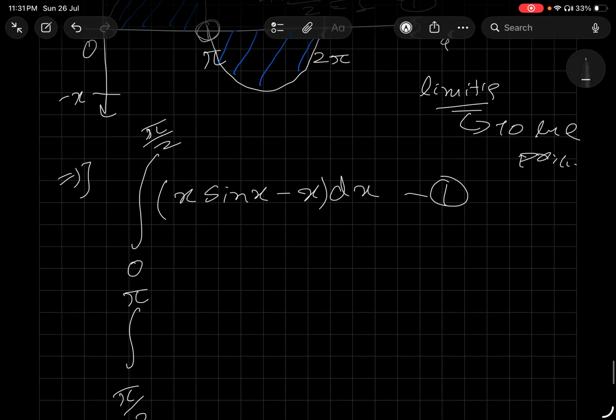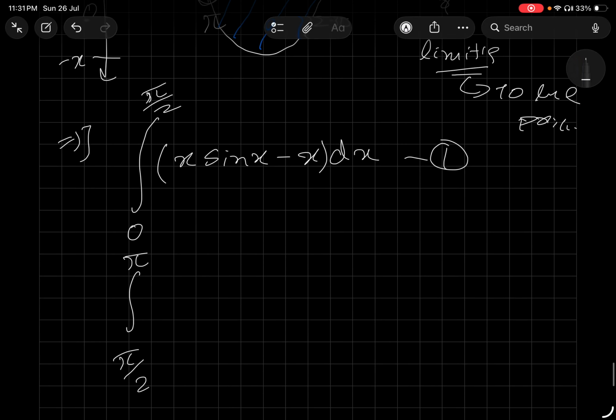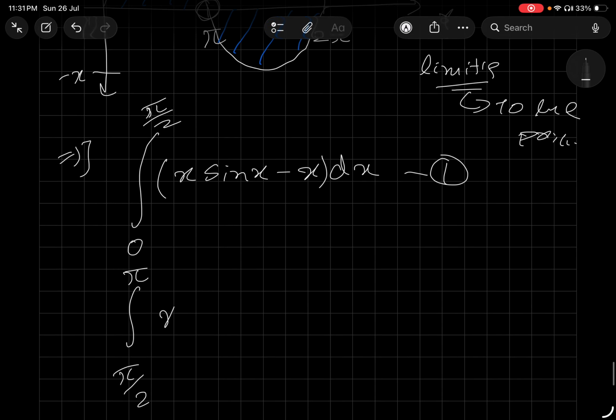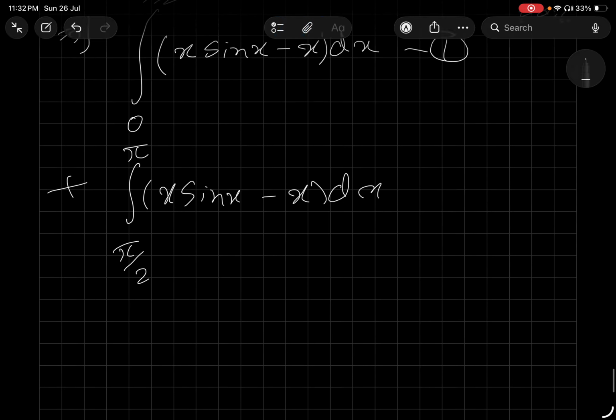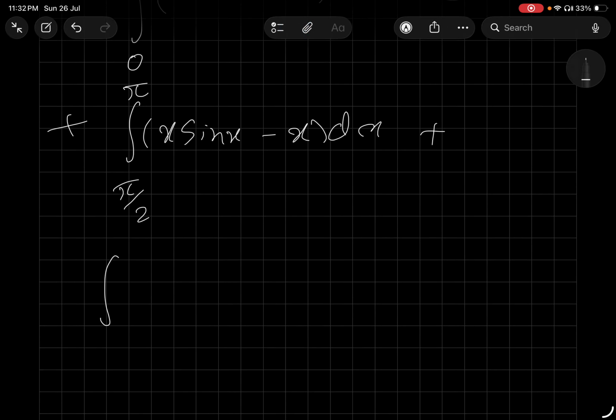This is what I have taught myself. Here also it is the same: sin x minus x dx, plus the integration from pi to 3 pi by 2.